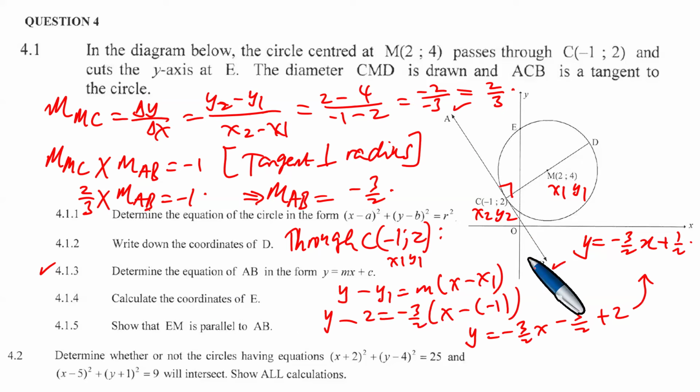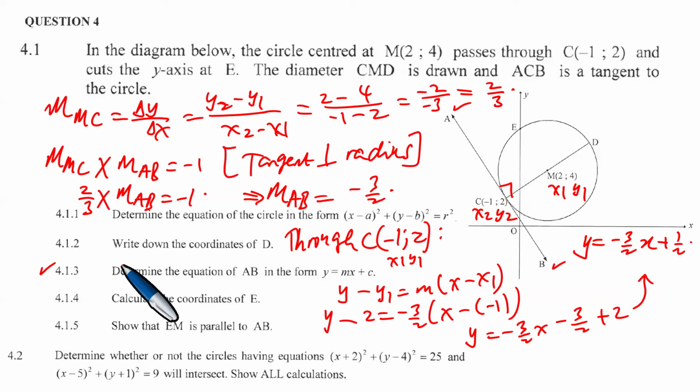And to find the equation of AB, we continue to find the gradient of AB, but AB does not have clearly defined points, there's only one point, so we don't have coordinates of 2 points or more. So we find first the gradient of the line MC by using the gradient formula.